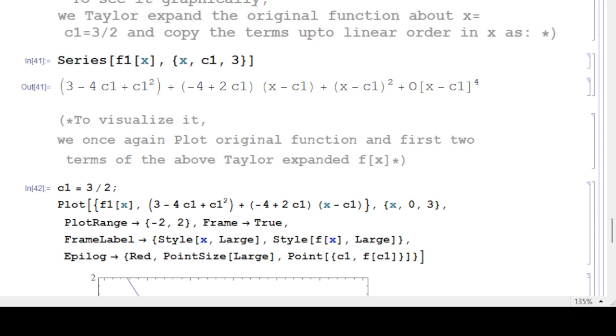So we once again plot the original function and the first two terms of the above Taylor expanded function. But the difference here is that we now have the point 3 by 2. So we combinedly plot the original and the Taylor expanded function at c1 equal to 3 by 2.